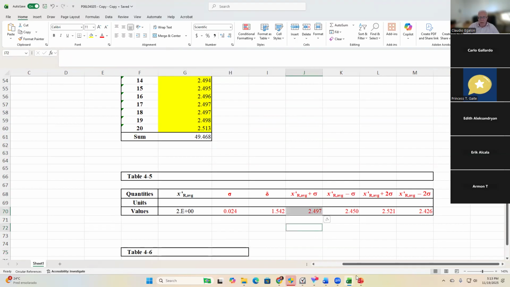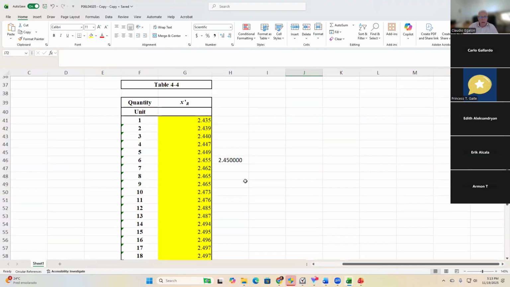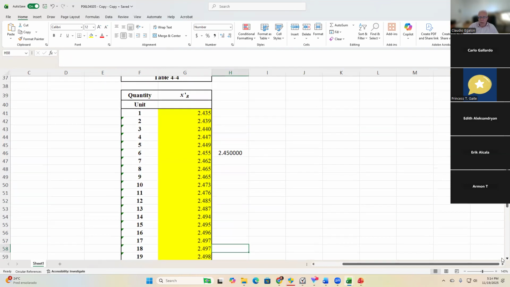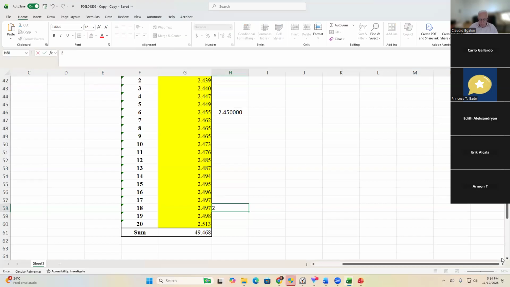This one right here. 2.497 is right in here. And then you go ahead and count how many values are between plus and minus sigma. 1, 2, 3, 4, 5, 6, 7, 8, 9, 10, 11, 12, 13. We got 13 values.